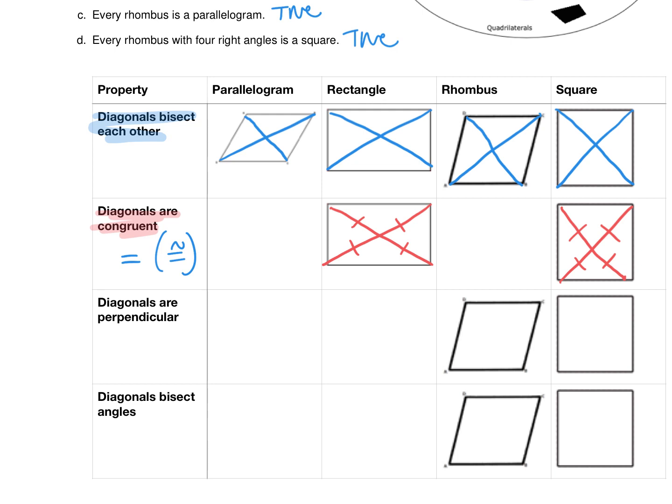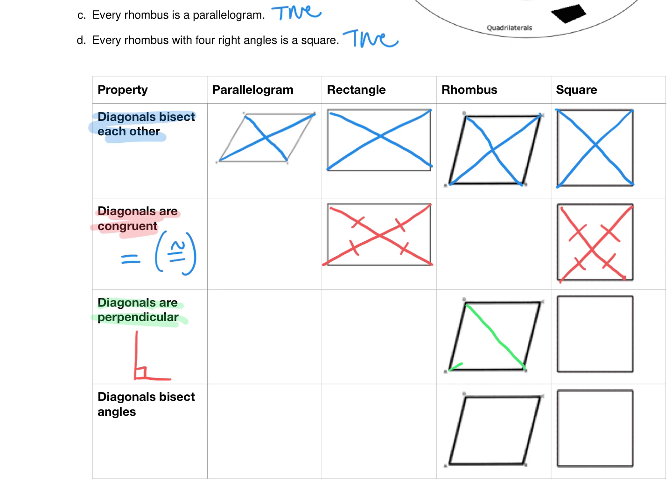Okay. And then look at the next feature. The next feature says these particular quadrilaterals have diagonals that are perpendicular, which remember, perpendicular means that they form right angles, right? So they should have a right angle marking. A rhombus has diagonals that are perpendicular.